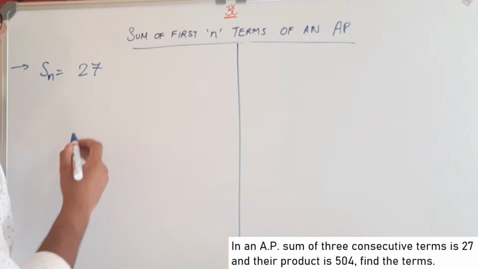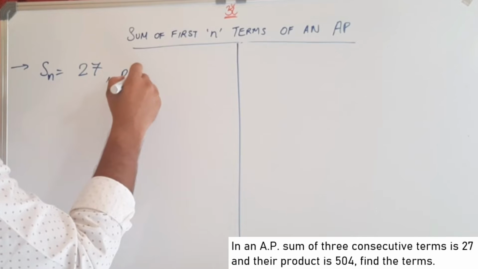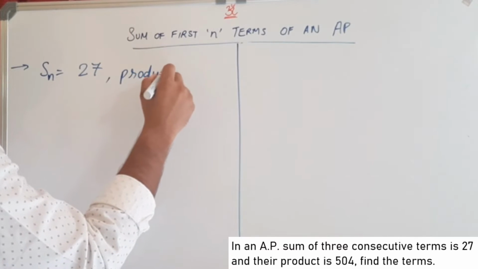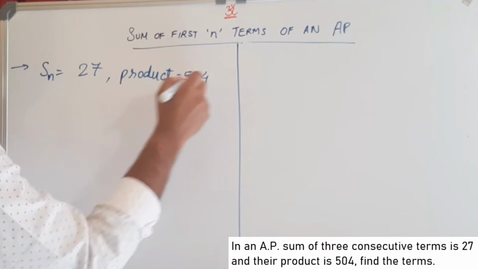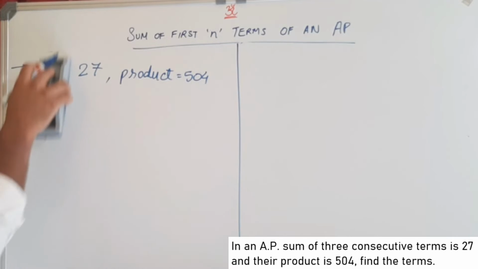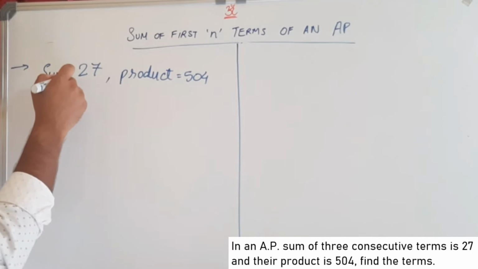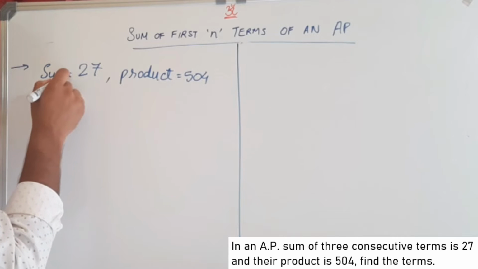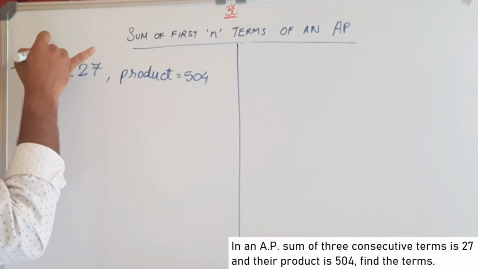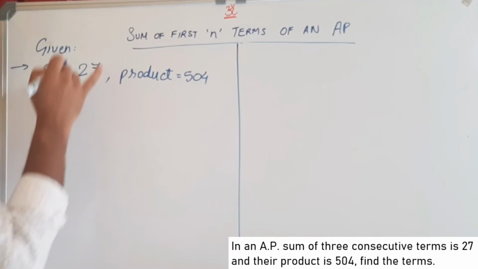The product is 504. Instead of writing Sn, write sum here. Presentation, you know. And above it write given. Do not forget to write given.